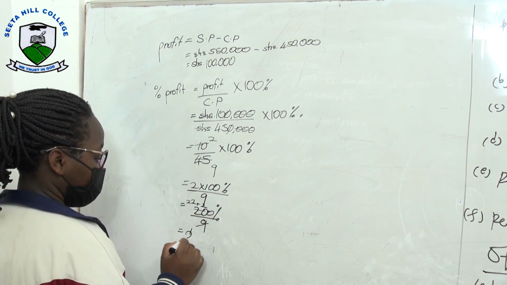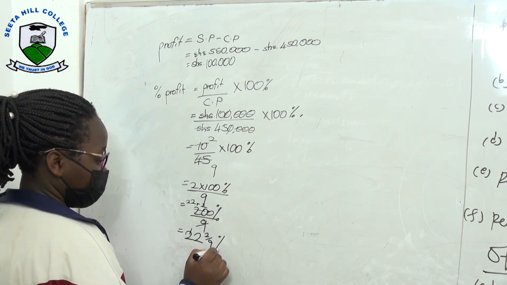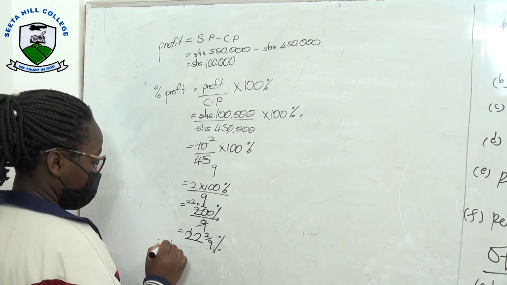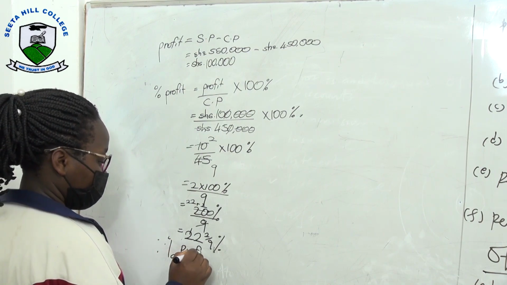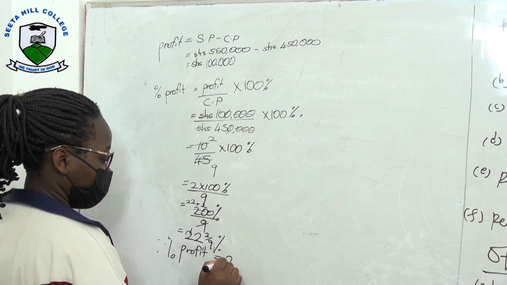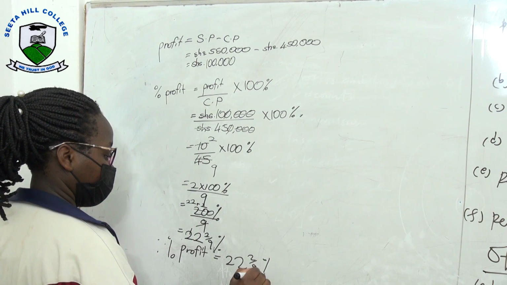So we shall have 22 whole number, 2 out of 9%. So therefore, the percentage profit is equal to 22 and 2 out of 9%.